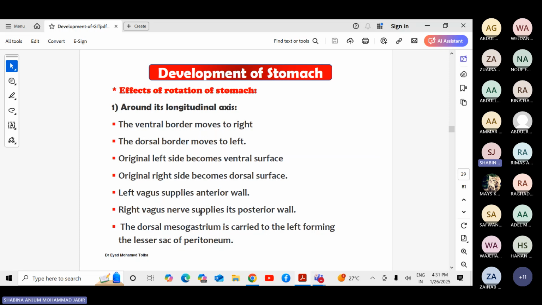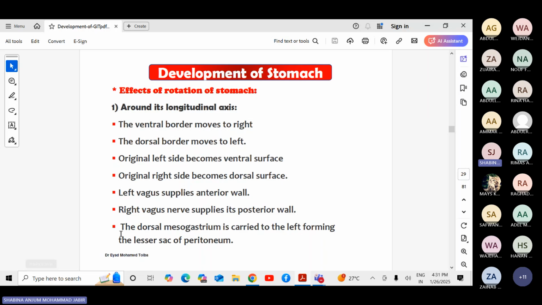Then what will happen after this rotation? As I told you, the right surface will become the dorsal surface and the left will become the ventral surface. The borders also move, so the ventral border will move to the right side and the dorsal border will move to the left side.